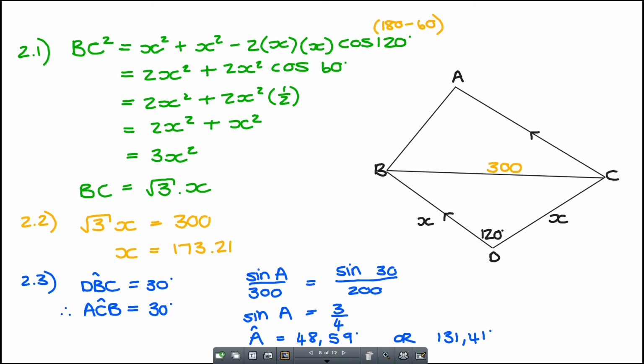So, omdat hulle vir my, because they asked me to work out that BC would be square root 3x at 2.1, I took the shortest route possible and said, okay, make it equal to 300. Nee? Is julle reg? So then all I did is, that square root 3, I basically take over and divide it by square root 3 to get this.